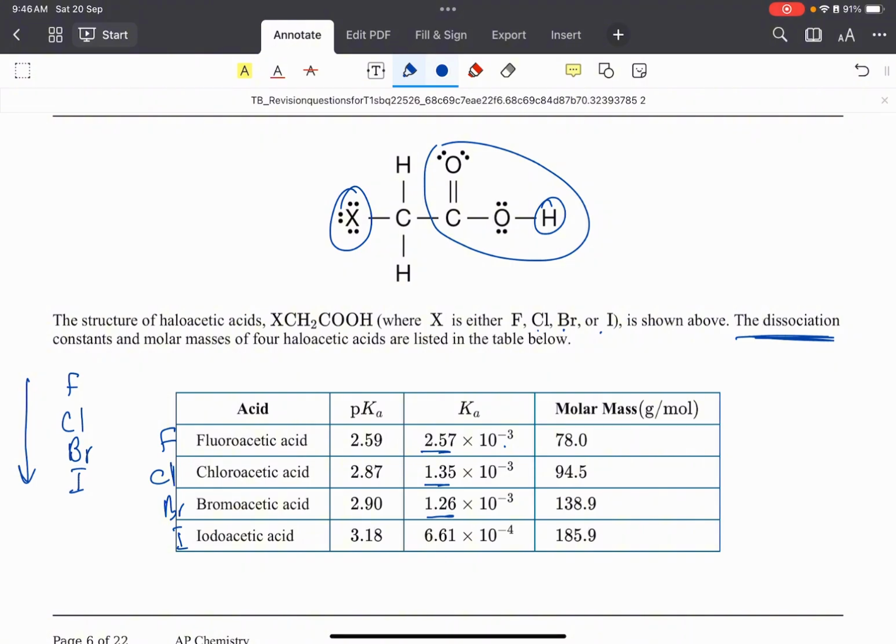So as I'm adding those, Ka is less, or I can understand from this, the acid is becoming weaker. So the addition of this halogen is making the acid weaker. Of course, if we talk about pKa and Ka, the logarithmic function, they're inversely proportional.